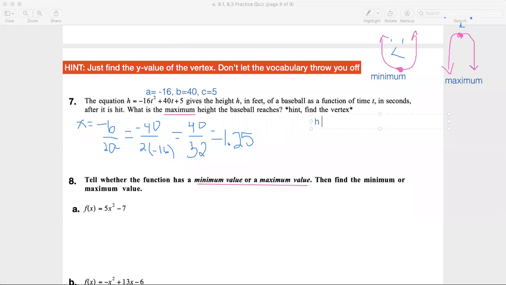So height equals negative 16, and then you're doing 1.25 squared plus 40 times 1.25, and then plus 5. So now I'm just going to simplify this. So negative 16 times whatever 1.25 squared is.